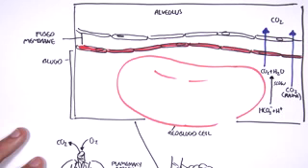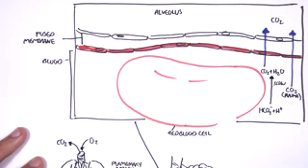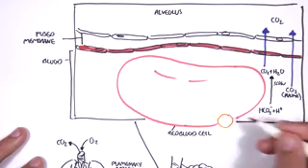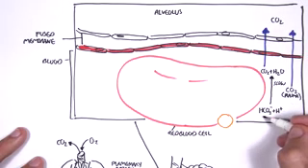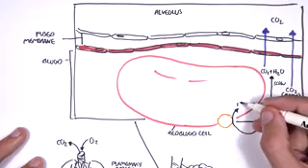Of course, a lot of this bicarbonate in plasma can enter the red blood cells through a transporter, which will bring out chloride ion in exchange.